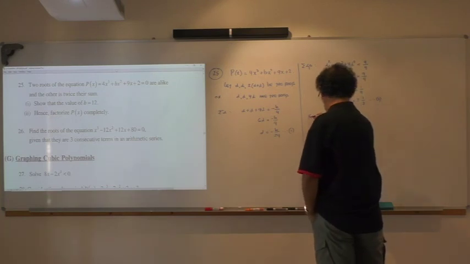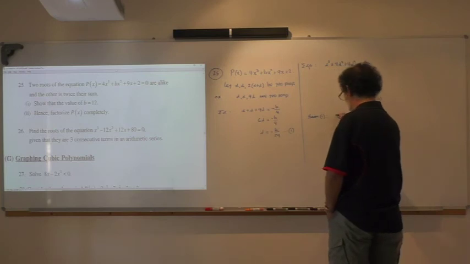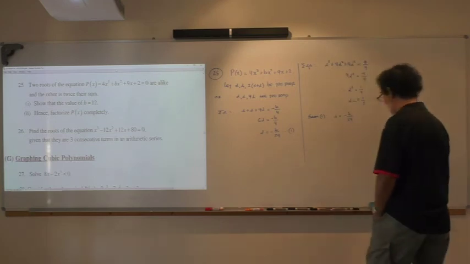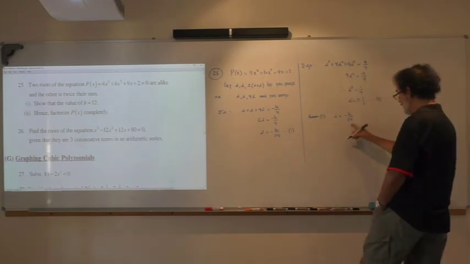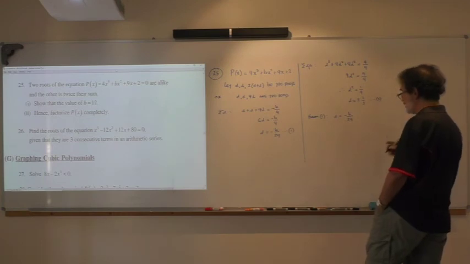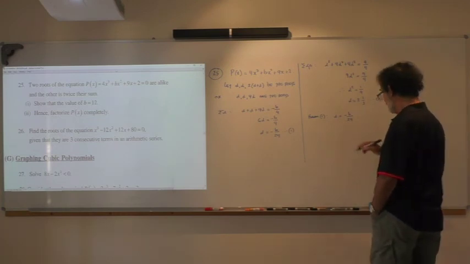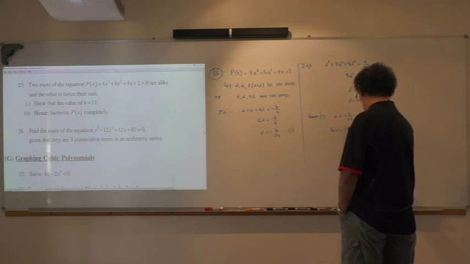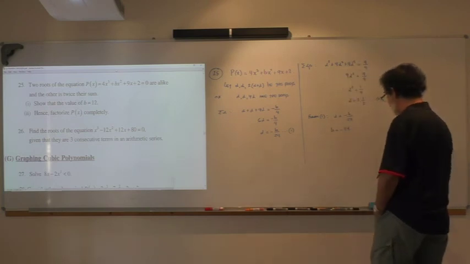From 1 we have that alpha is equal to minus b on 24, so b is equal to minus 24 alpha.